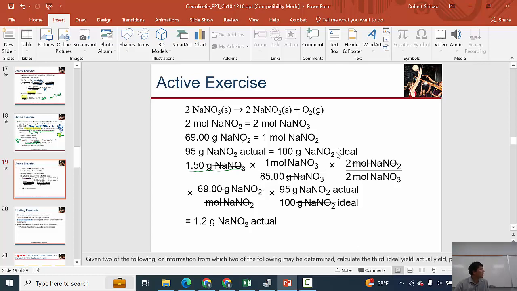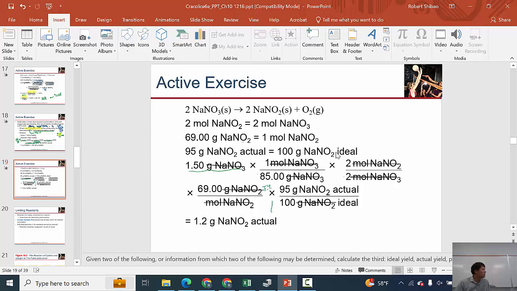We convert grams to moles using the molar mass, then moles to moles of sodium nitrite, then moles to grams. Once we get that, this is the theoretical yield up to this point.